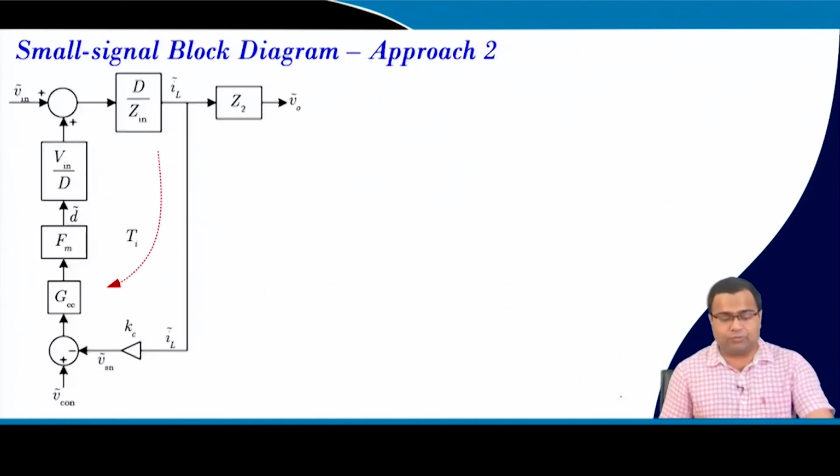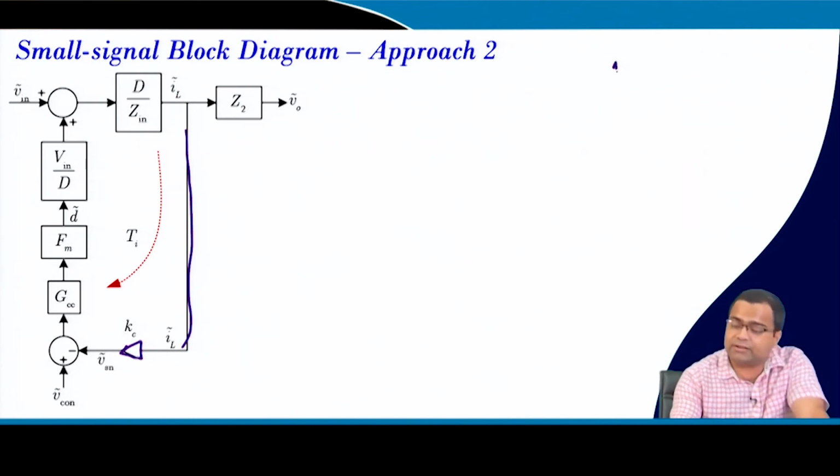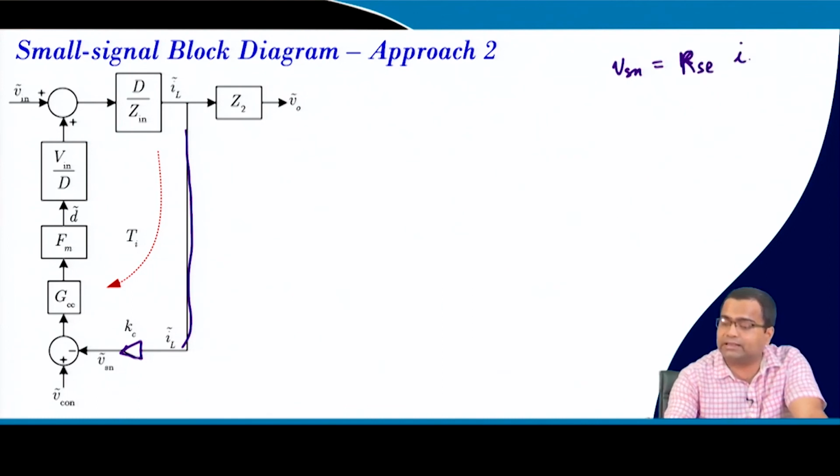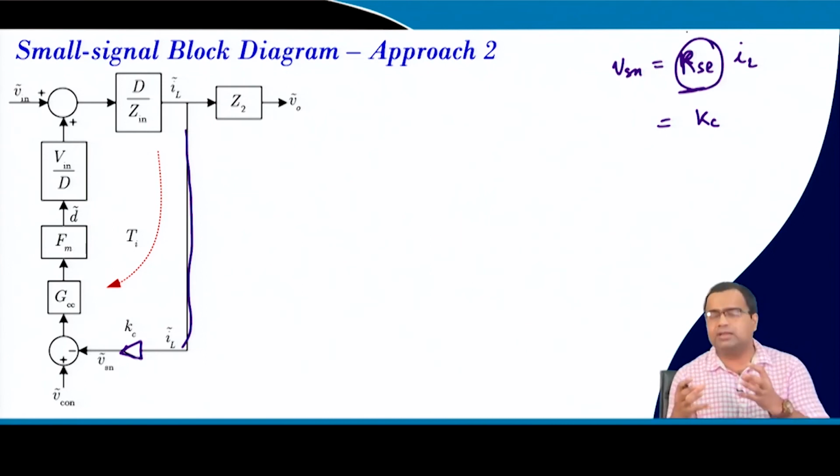In the other approach, we may not need to put a low pass filter, but we can put a current sensor gain, because this current sensor gain is coming. What is that? We know that V sense is nothing but R equivalent into IL, right. So, this Kc can be a current sense gain which has a dimension of resistance, right, because it is a voltage.